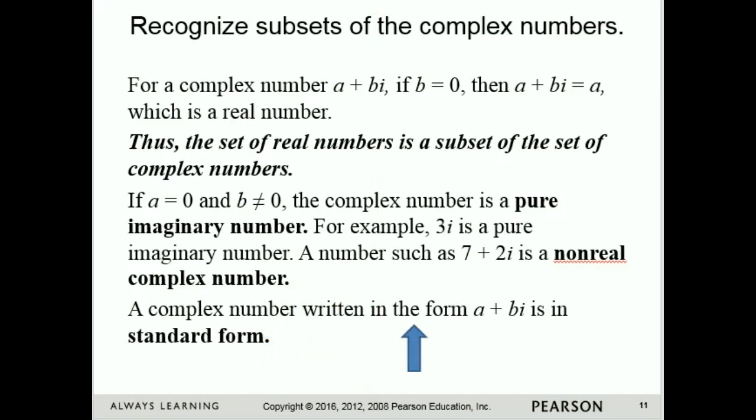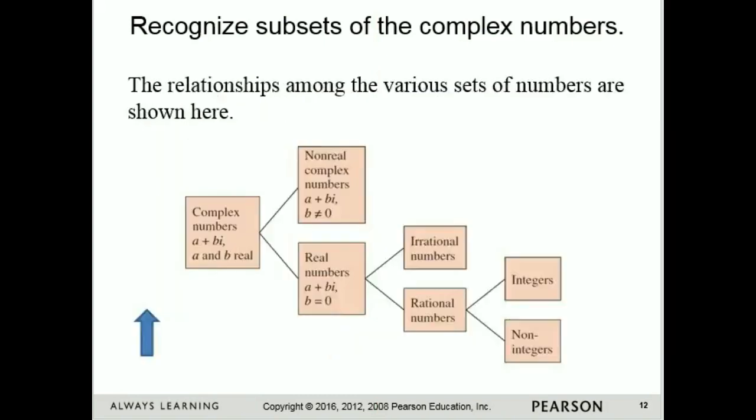And again, just to emphasize, a complex number written in the form a plus bi is in standard form. So going back to what we were talking about, complex numbers include non-real as well as real numbers. Real numbers just have the situation where b is equal to 0. And then, of course, real numbers include irrational numbers, rational numbers, integers, and non-integers.